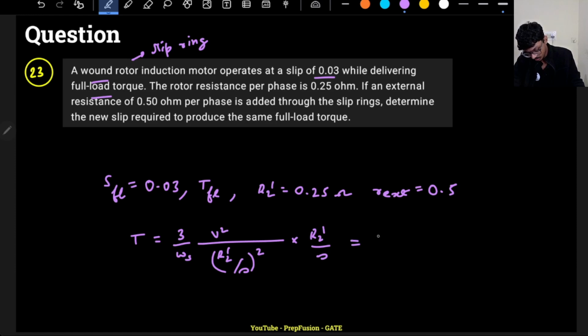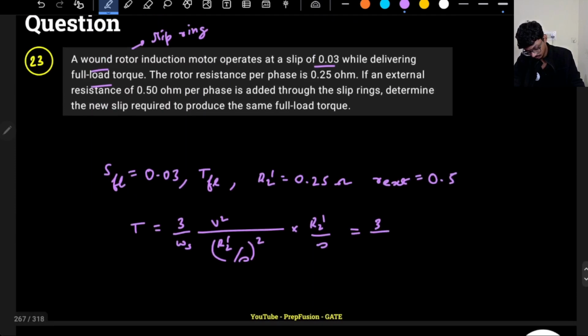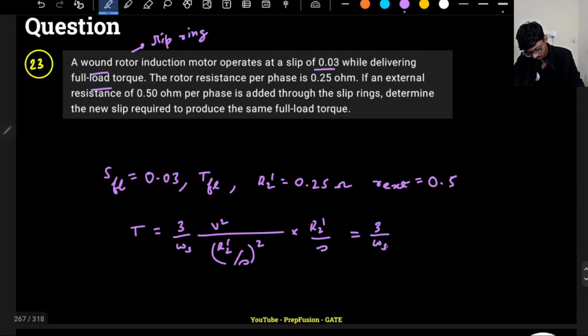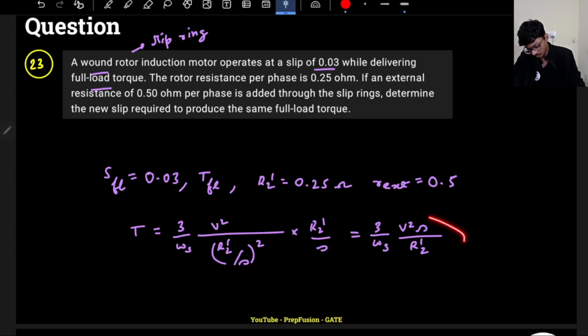So torque equals 3 by omega s, into V squared, into s divided by R2 dash. This is what my torque equals, and I'm changing my R2.